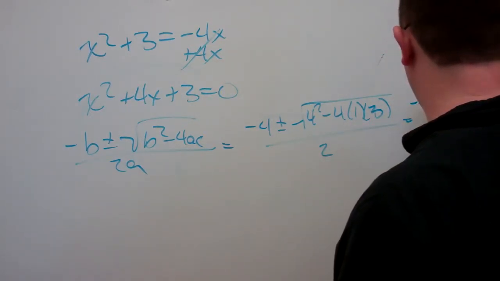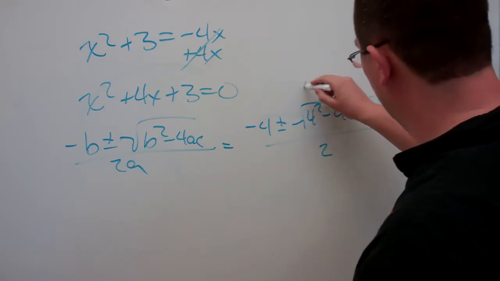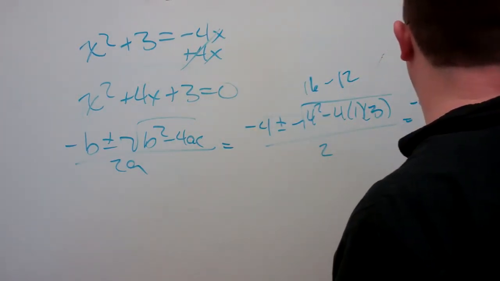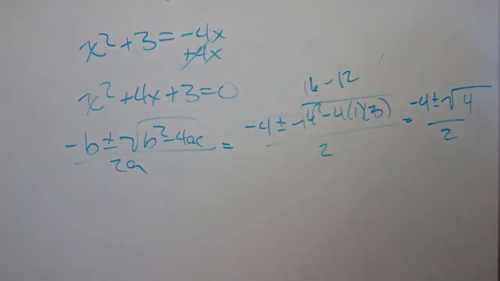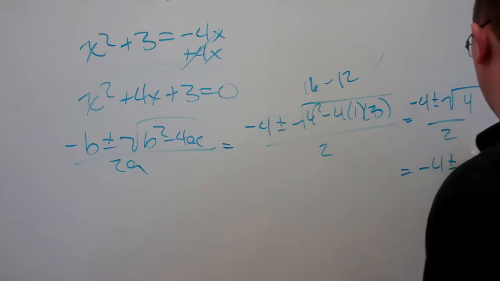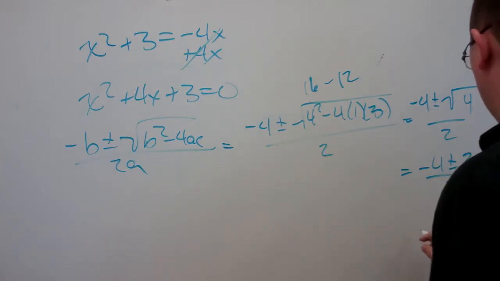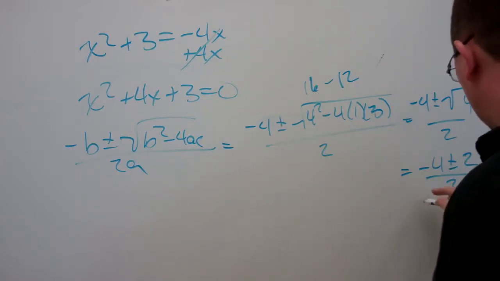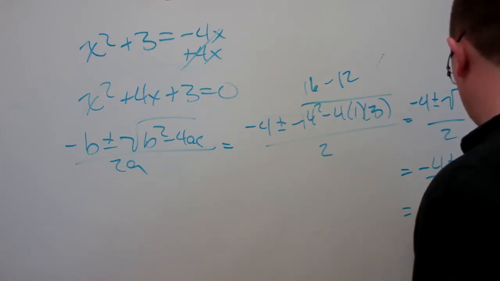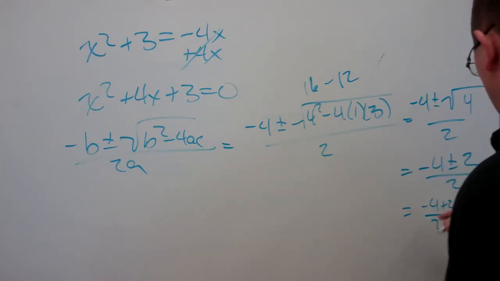So negative 4 plus or minus the square root. 16 minus 12. What's 16 minus 12? That's 4 over 2. At least this one came out an easy answer. So negative 4 plus or minus square root of 4, which is 2, divided by 2. So negative 4 plus 2 over 2.